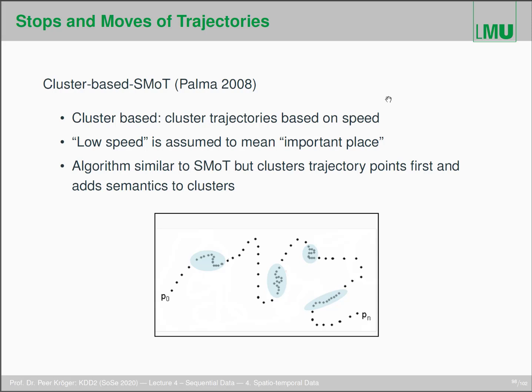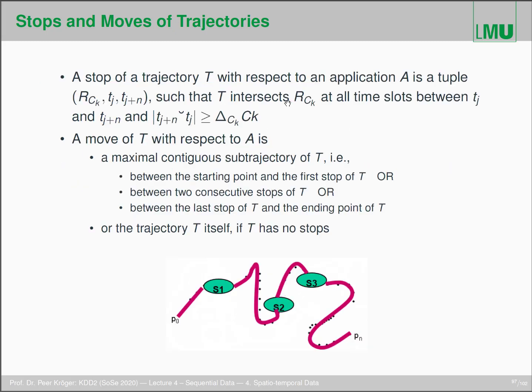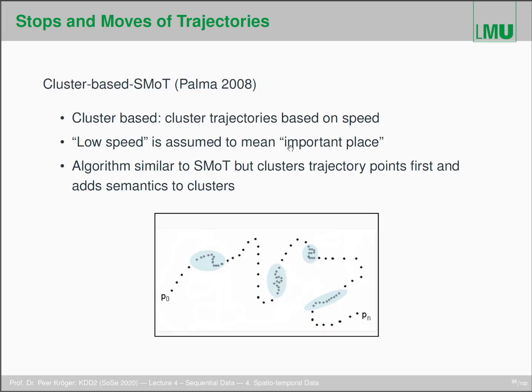And there is an extension which is called the cluster-based SMOT, which tries to cluster the trajectories based on speed first. So instead of just looking at when a trajectory is in a given region for a given time slot, they also consider the speed of a trajectory, and if a trajectory has a low speed, it is assumed to be at an important place.